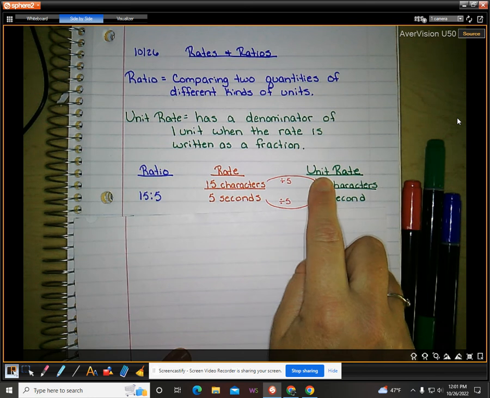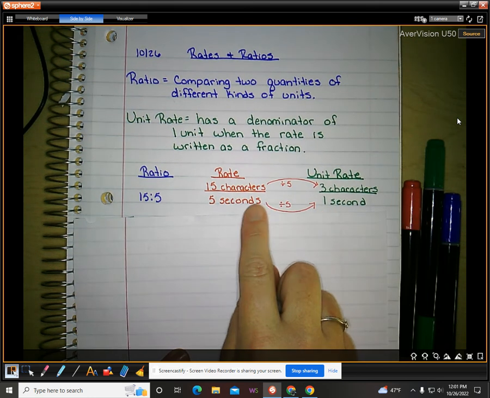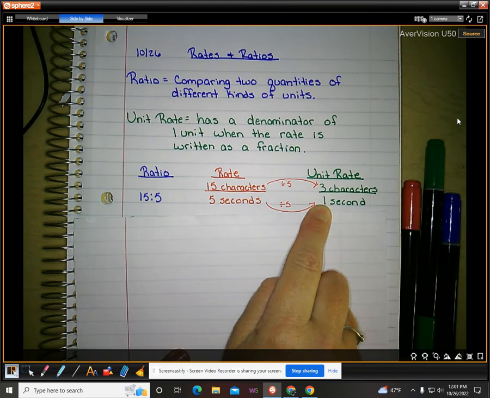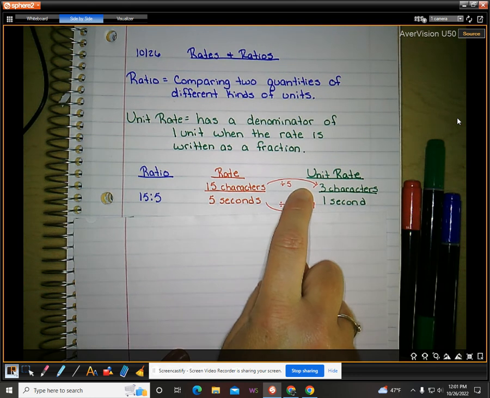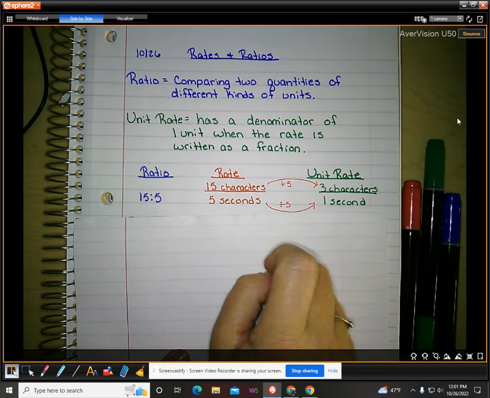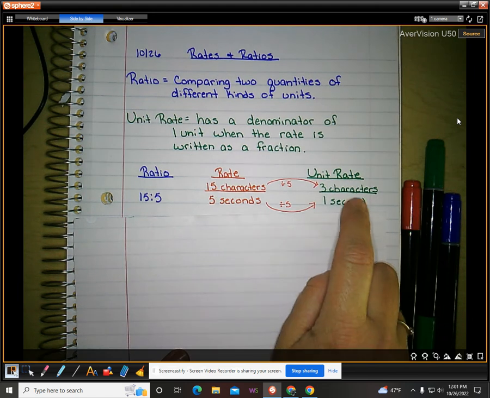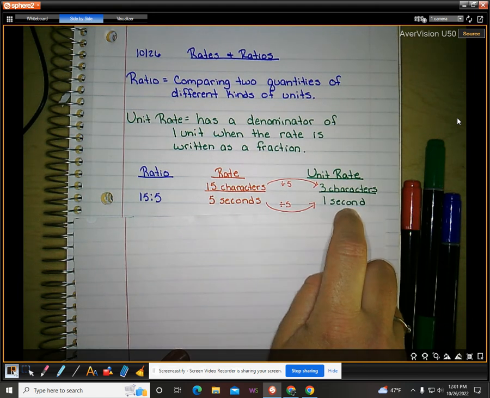Then to change it to a unit rate, we have to have a denominator of 1. 5 divided by 5 gives me 1. Whatever I do to the denominator, I have to do to the numerator. So 15 divided by 5 is 3. So if I can type 15 characters in 5 seconds, that means I can type 3 characters in 1 second.